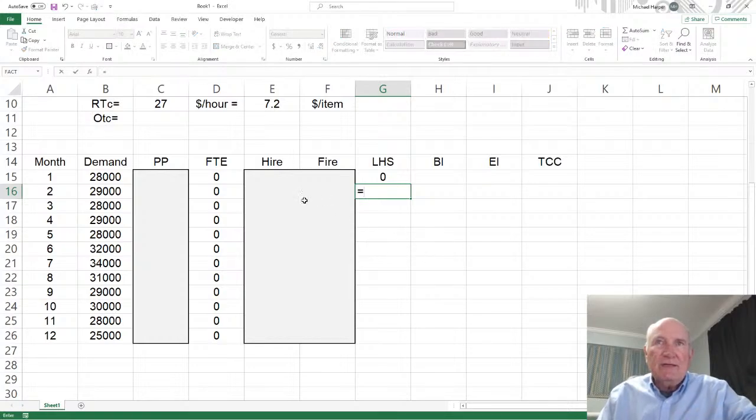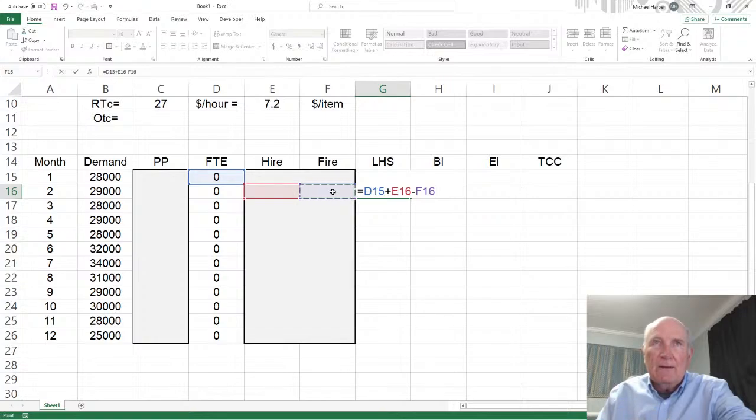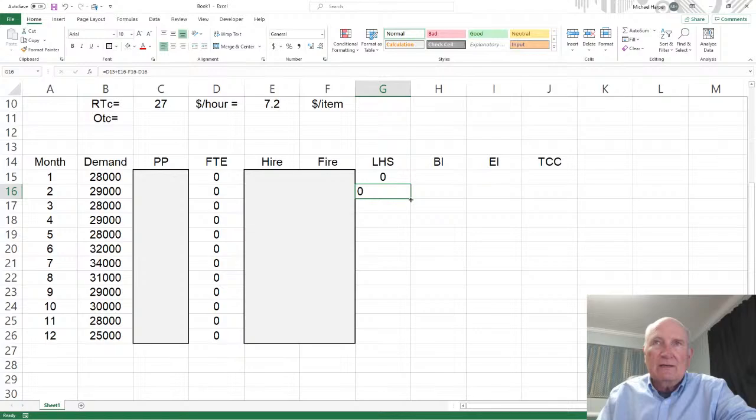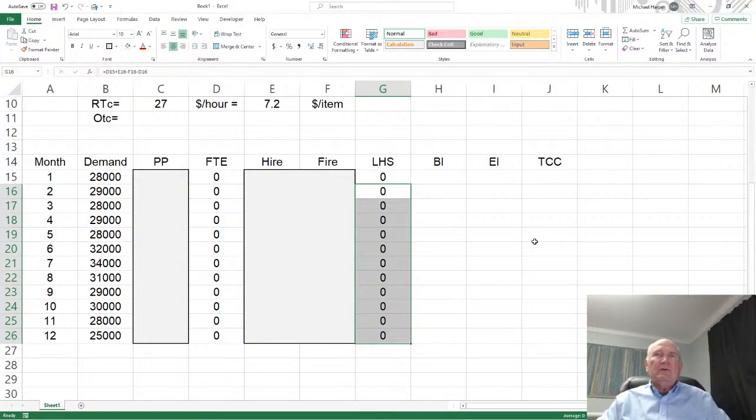Equals the FTE in the previous time period here, plus what I hire in this time period, minus what I fire in this time period, minus my FTEs in this time period. And then I copy that down. So there's my equilibrium equations for my labor, and that set of equilibrium equations constitutes my conservation of labor.